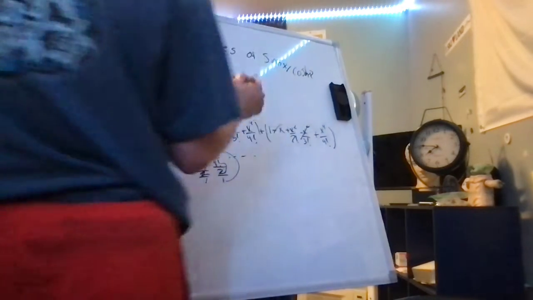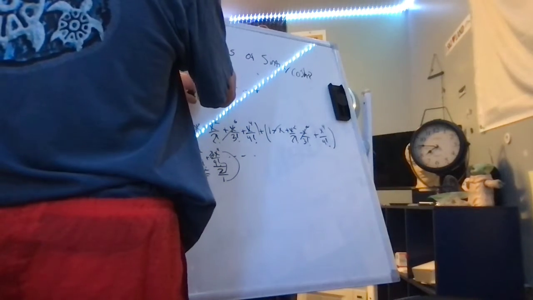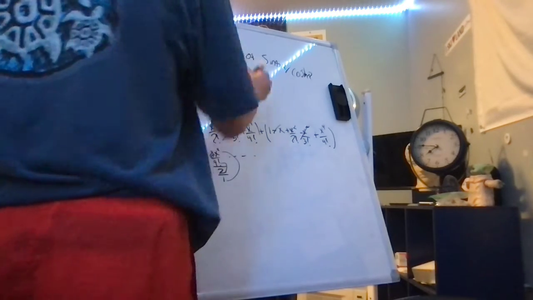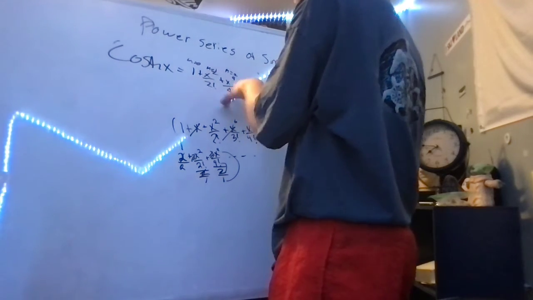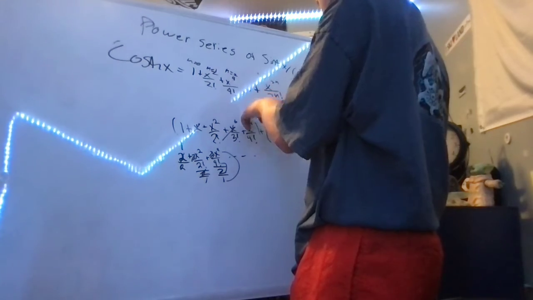We're going to write the general form for this. So we know that when n equals 0, we have 1. n equals 1, we have 2. n equals 2, we have 4. So we can see that this is going to be x to the 2n over 2n factorial.